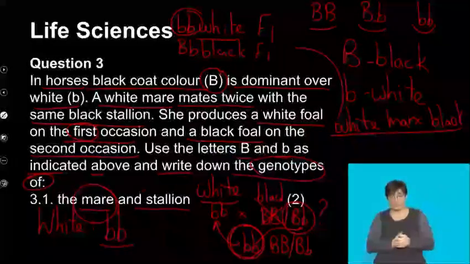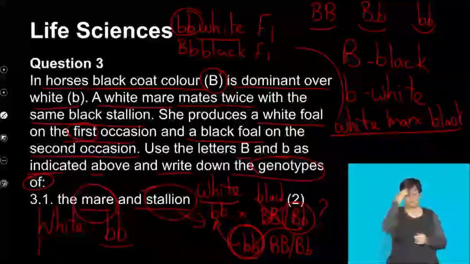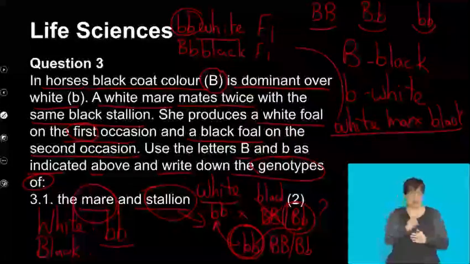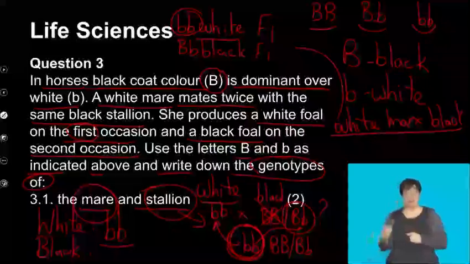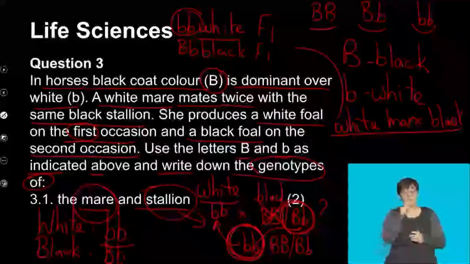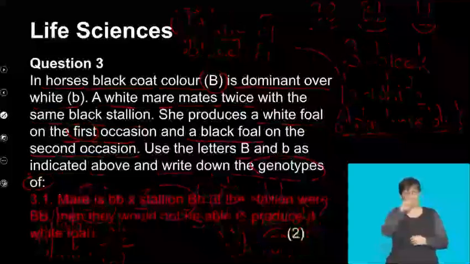When we look at the stallion, we just proved that yes, we know that he is black, but there are two possibilities of black, and purely by looking at this offspring, we realize that the male has to be heterozygous, and so his genotype is going to be capital B, small b. Let's move on to more questions based on this.